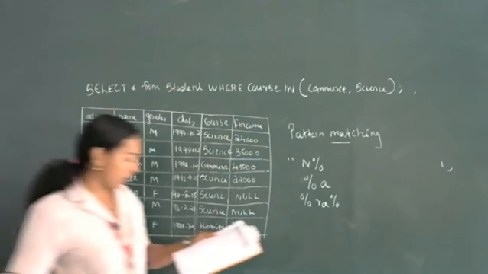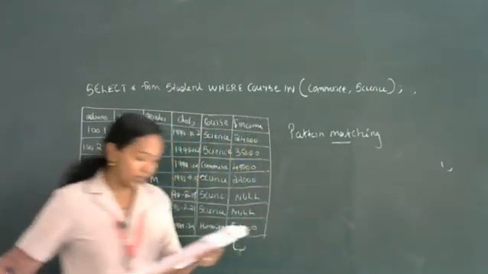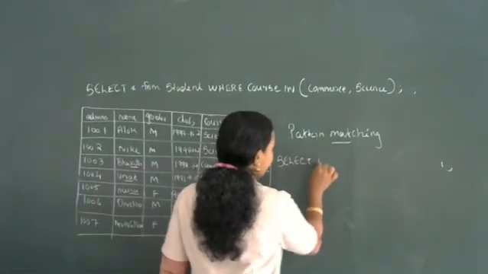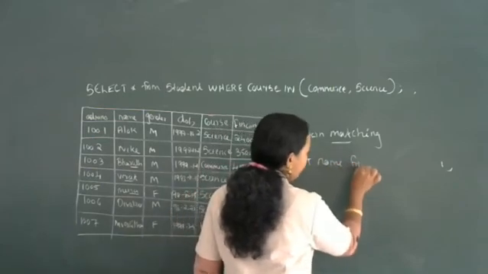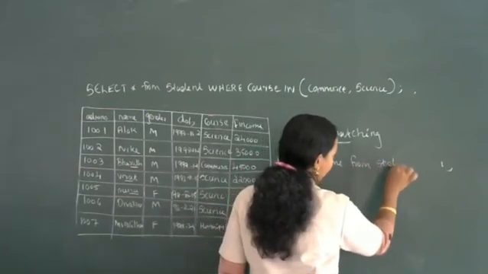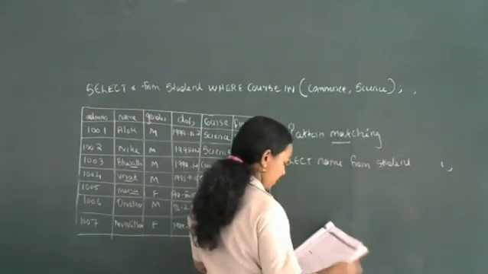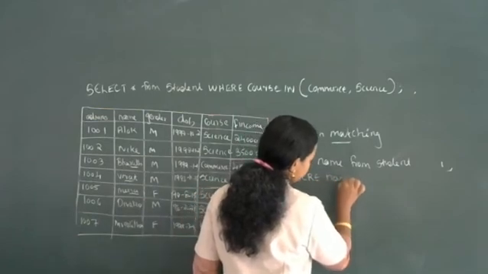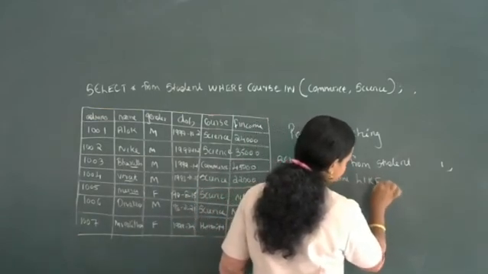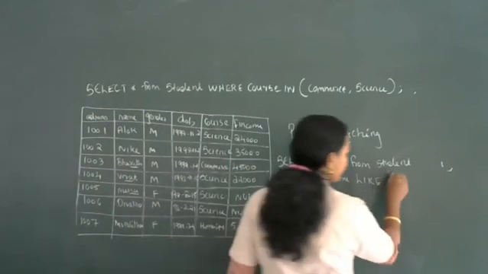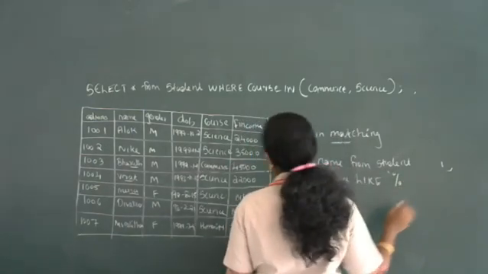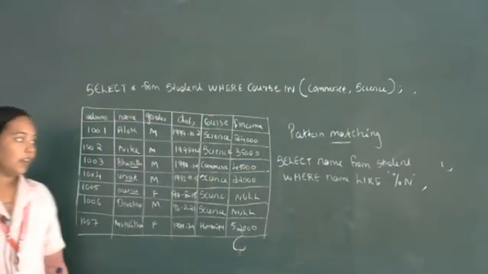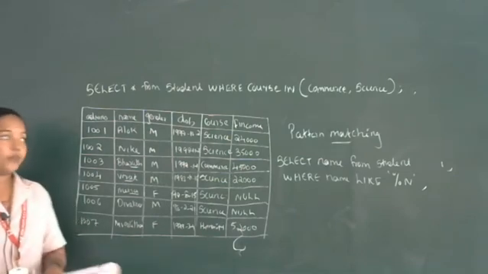One example I will write. Select name from student where name like N, where the starting letter should be N. We can write like this: where name like N. Then what will be the result?